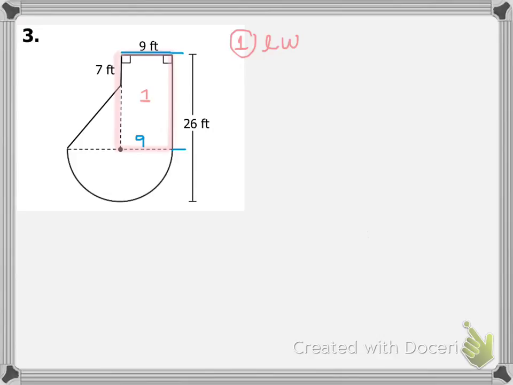So this distance down here is also going to be 9 feet, which means that this distance is also 9 feet. So 26 minus 9 will leave me with a 17. So now this distance is going to be a 17. So my area will be 9 times 17, which will be 153 feet squared.